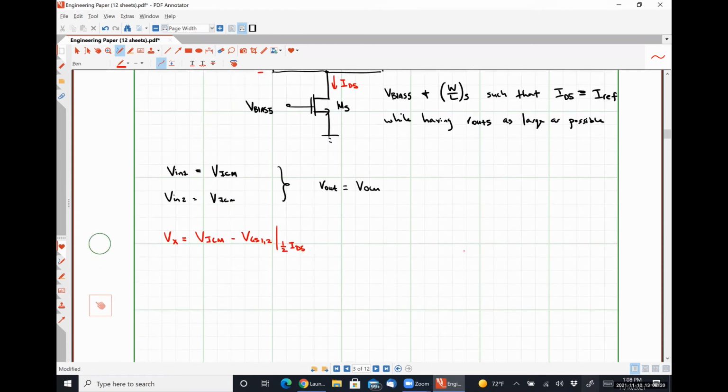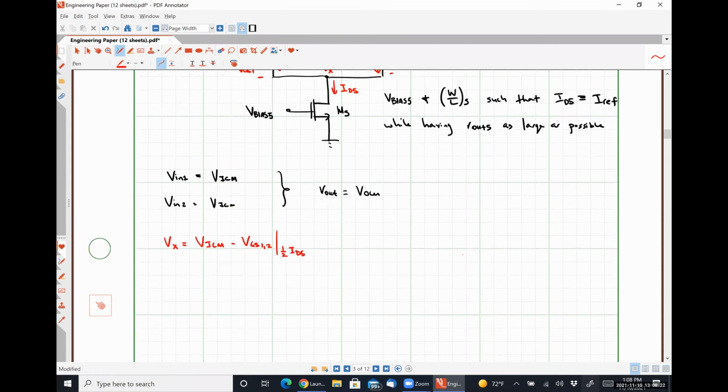So we can establish what is a minimum input common mode voltage, VICM minimum.